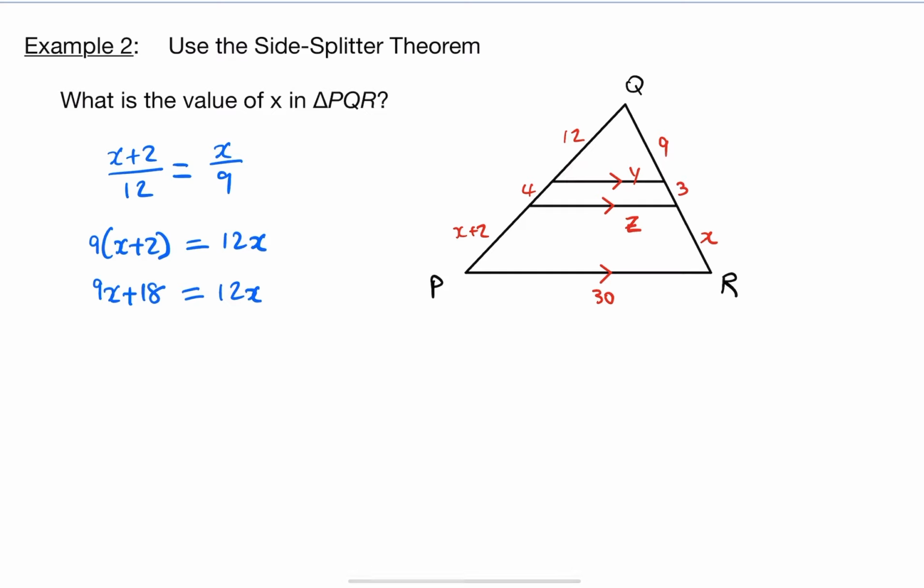Now we move this 9x over to this side by subtracting 9x from both sides, and we're left with 18 is equal to 3x. Then dividing both sides by 3, we find that x is equal to 6. So this is our answer for x.